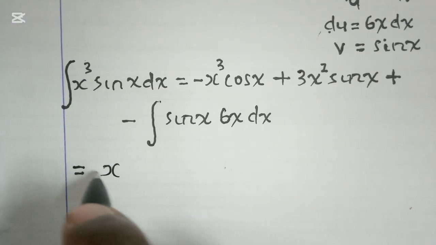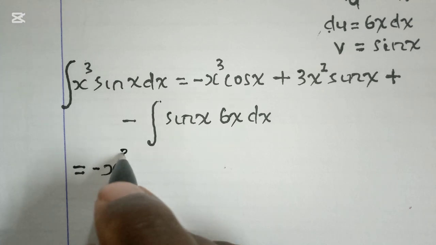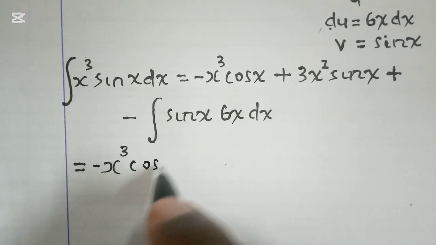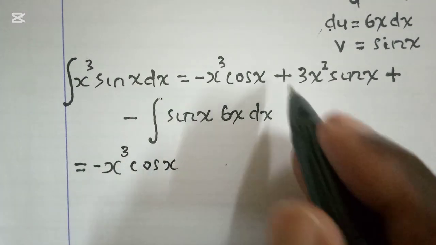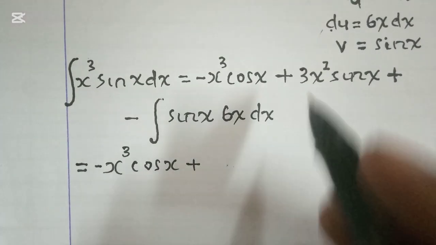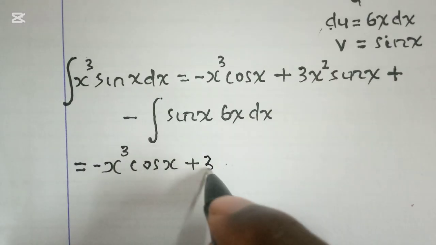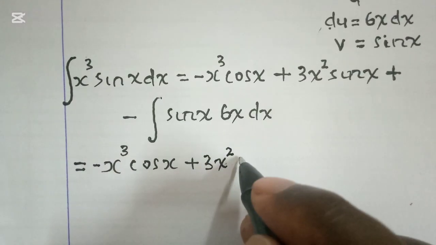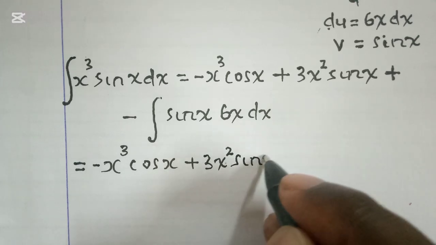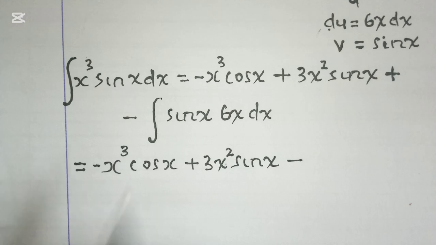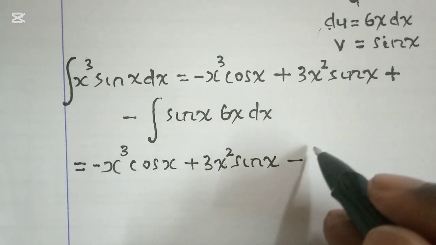equals negative x cubed cos x. This is plus 3x squared sin x, then minus. Guys, I come now here.